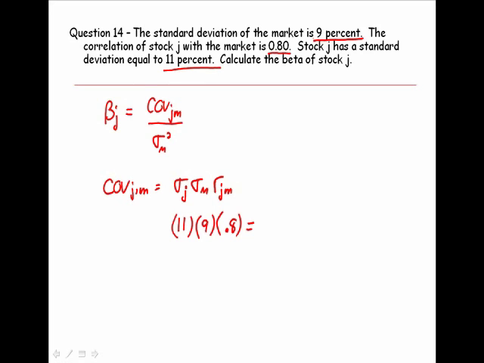Therefore, the covariance of stock J with the market portfolio is 79.2. Plugging that into our formula, 79.2 is the covariance. The variance of the market is equal to the standard deviation of the market squared, giving us a beta coefficient of 0.9777.